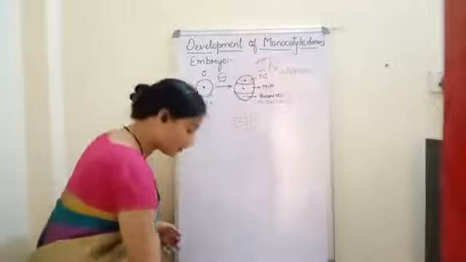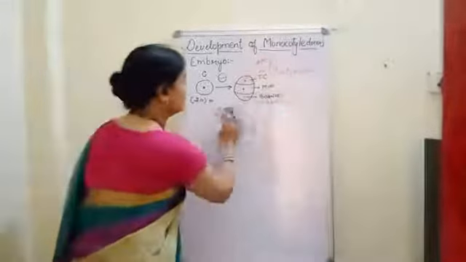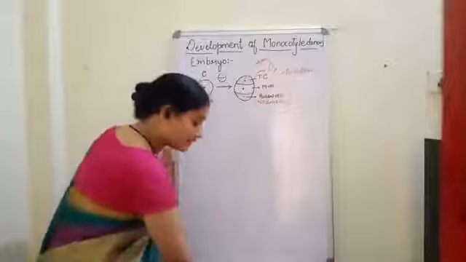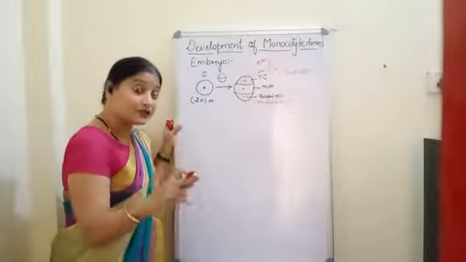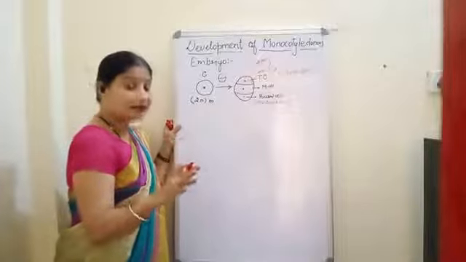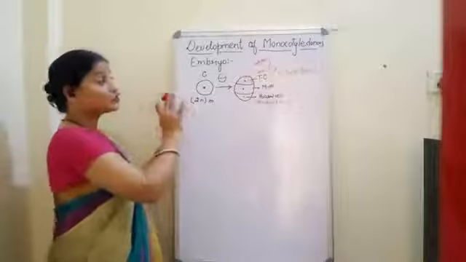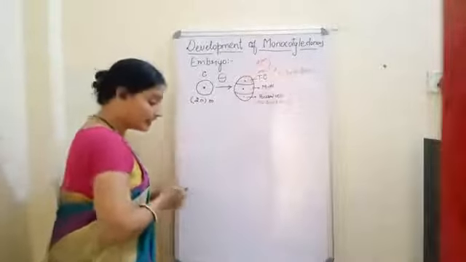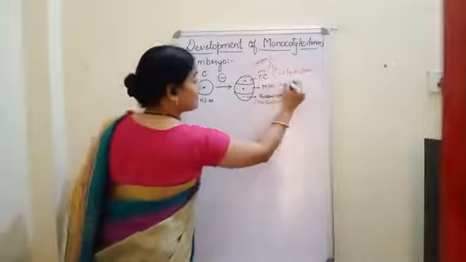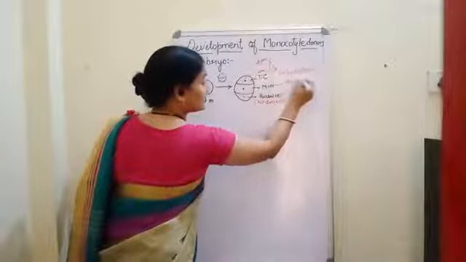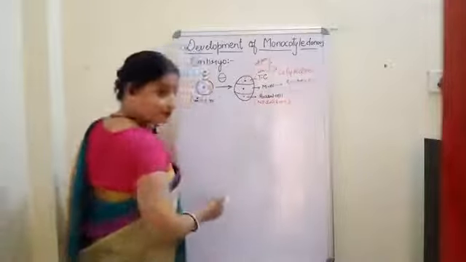Now see what happens to the middle cell. The middle cell will give rise to the suspensor, as well as many other things. What are those things?